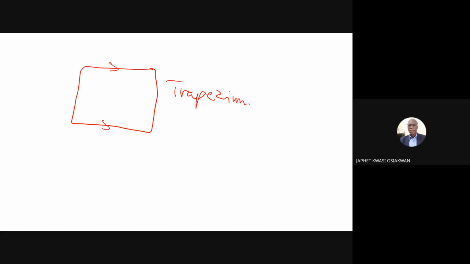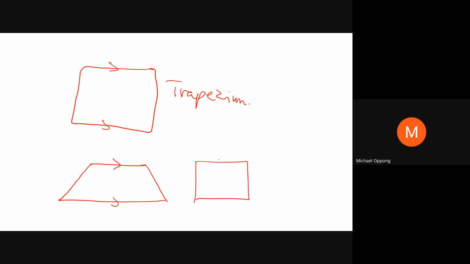So you see, our students, when you go to the schools, you draw this for them. They will tell you this one is a trapezium. But when you draw this one, they don't know that this one is a trapezium. They are all trapeziums. Once one pair is parallel, it doesn't matter how the other sides join. All of them are trapeziums. When you take any quadrilateral and you can identify just one pair of opposite sides being parallel, it's a trapezium.